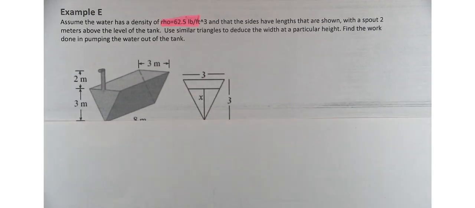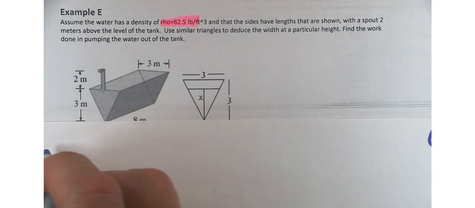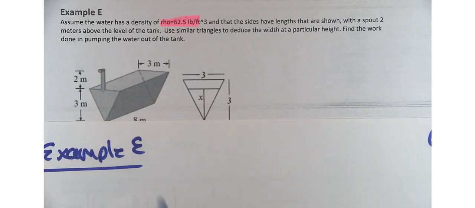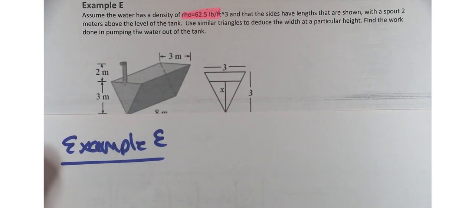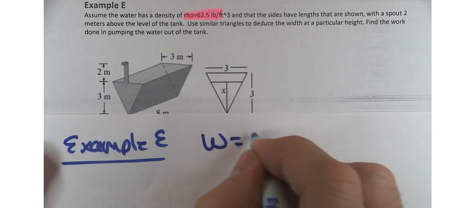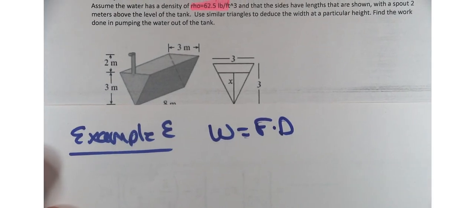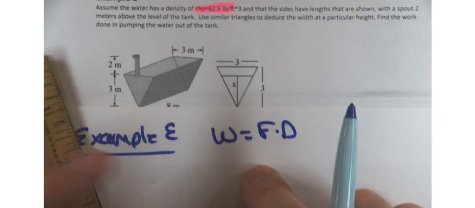So let's make that 4.5, example E. And we'll start out, remind ourselves, work equals force times distance. And we'll start by calculating the force. Now, for convenience, I'm going to recopy this cross section here.